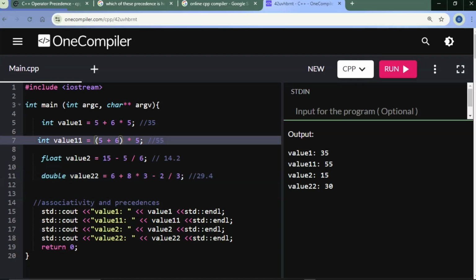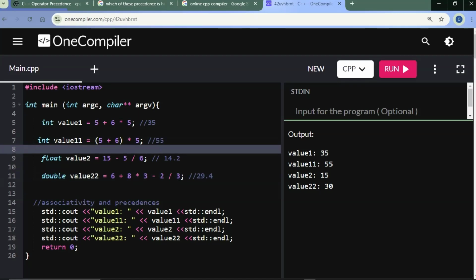But here we just do a simple one. We have just 5 and 6 inside parentheses, and we consider this one as the first one. Anything you put in your parentheses, your compiler sees as the highest precedence. I mean, you are trying to override the compiler by using parentheses.